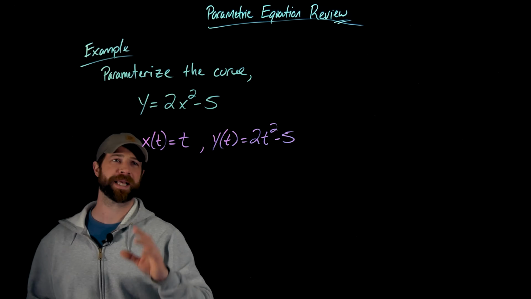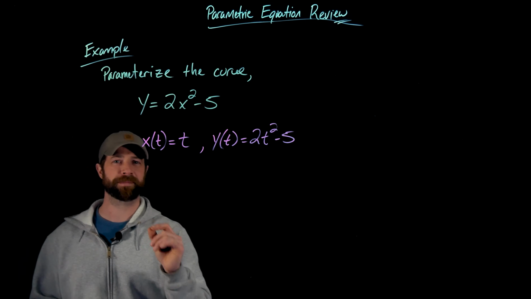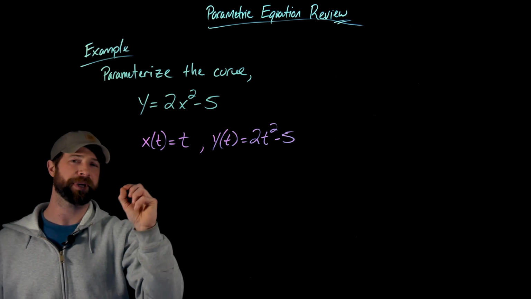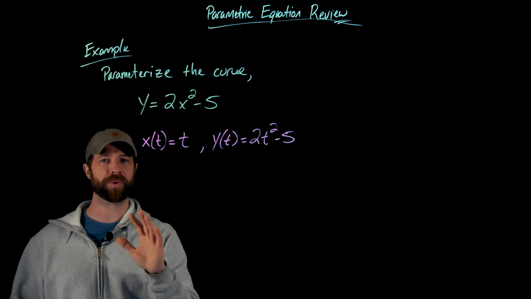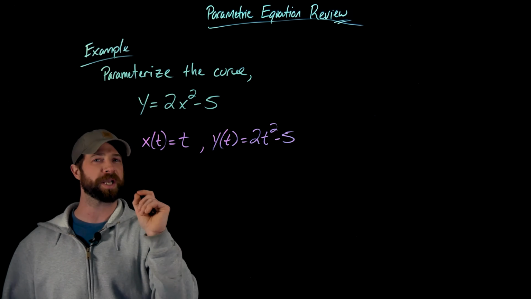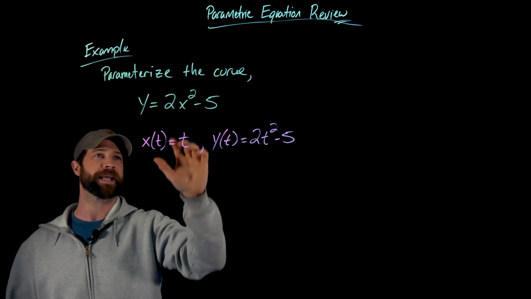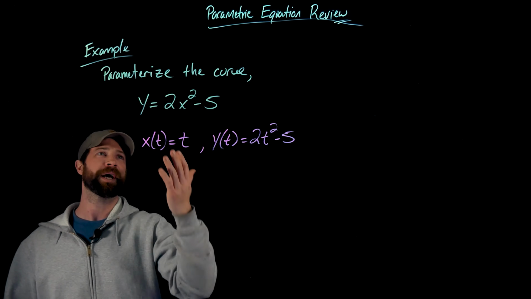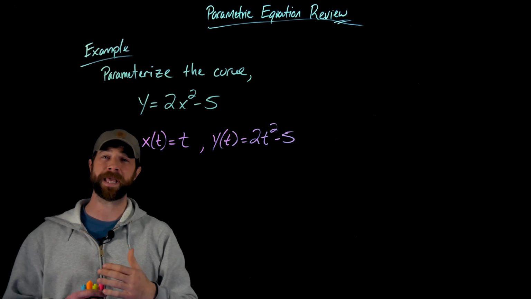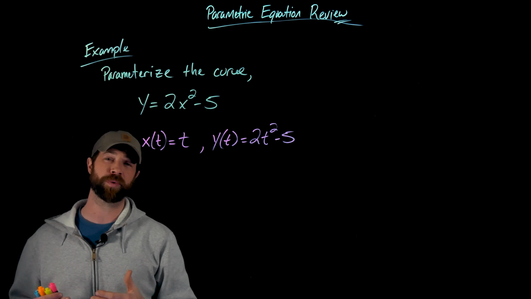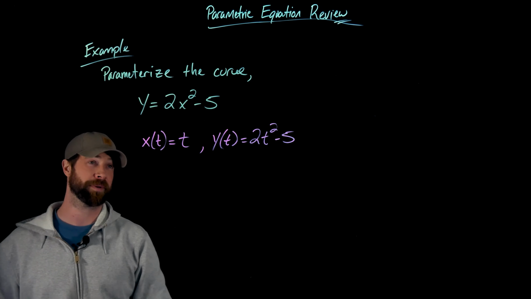Importantly here, again, given a context, there might be different reasons for what to choose, especially for x of t. But I could choose really anything as long as what I choose as the expression for x doesn't change the domain. Now again, in this case, without a domain restriction, I'm expecting that since this is a quadratic, it's a polynomial, it has no domain restrictions. It's all real numbers from negative infinity to infinity.